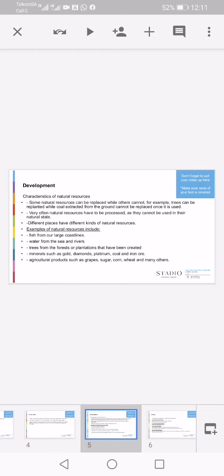Let's go to our next slide, which is the development phase. Characteristics of natural resources. Some natural resources can be replaced while others cannot. For example, trees can be replanted, and this is known as reforestation, while coal extracted from the ground cannot be replaced once it is used.